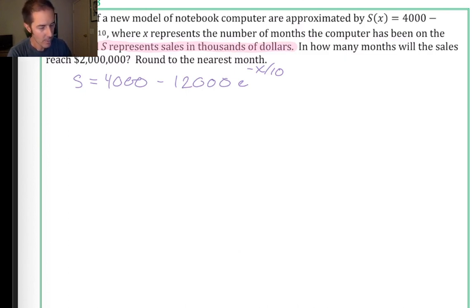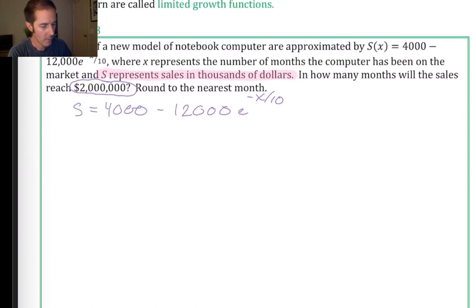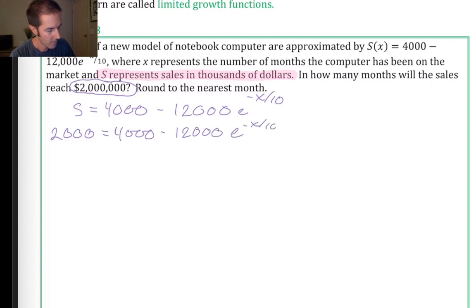Did we have $2,000,000? I think that would constitute 2 billion, but we've only got 2 million. So our S value is actually 2,000, which is equivalent to 2 million. Here's our 4,000 minus our 12,000, e to the negative x over 10.